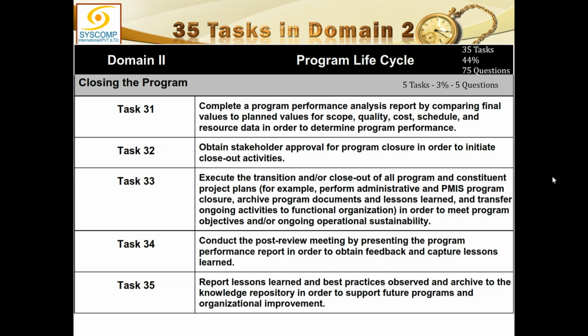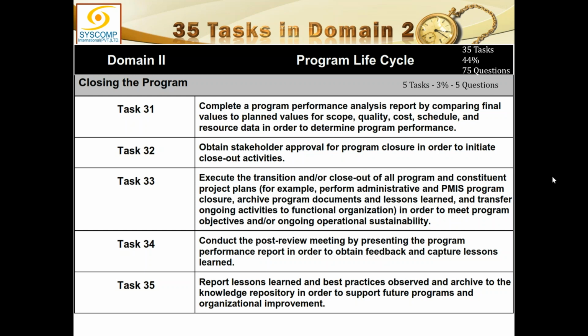So this is our task 34, and in 35 we report these lessons learned and best practices observed and archived to the knowledge repository. What we used to call organizational process asset is now being called knowledge repository in order to support future programs and organizational improvements.